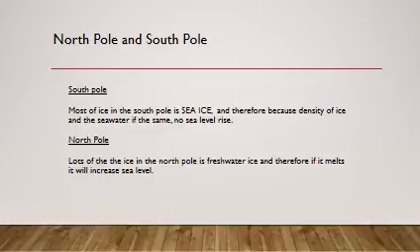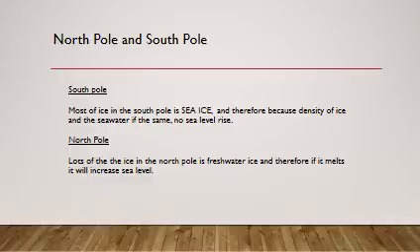So when we look at the world, the North and South Pole have different ice at them. And therefore, if they were both to melt, they would have different impacts in the world as we know it today. Let's look at the South Pole. The South Pole is made up mostly of sea ice, seawater that is frozen to make ice. And therefore, as explained in the previous slide, because the densities are the same, when it melts there is no sea level rise.